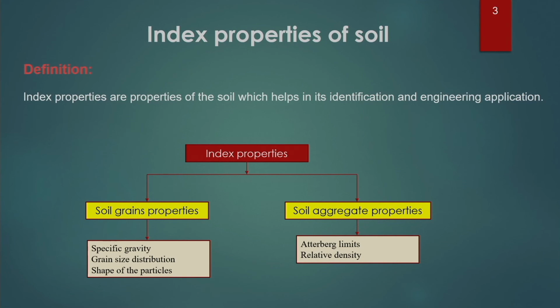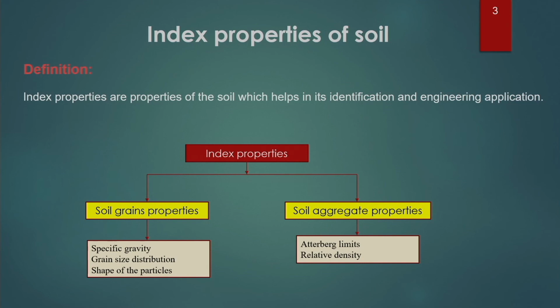So, generally the index properties consist of two things. One is derived from the soil grain properties such as the specific gravity, grain size distribution and shape of the particles. The index properties derived from the soil grain properties do not depend on the way it formed, it only depends on the individual particles.